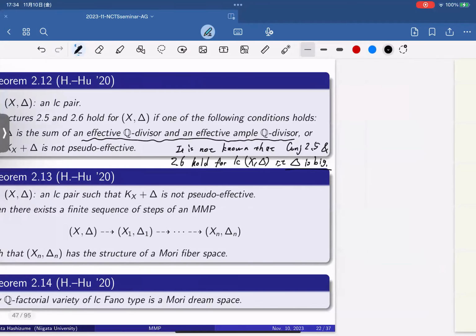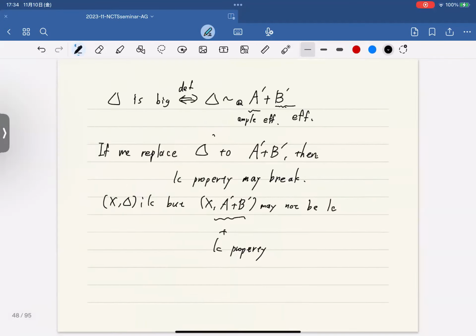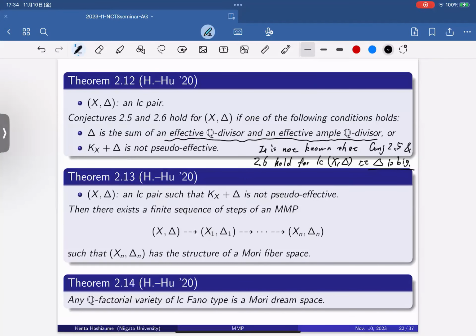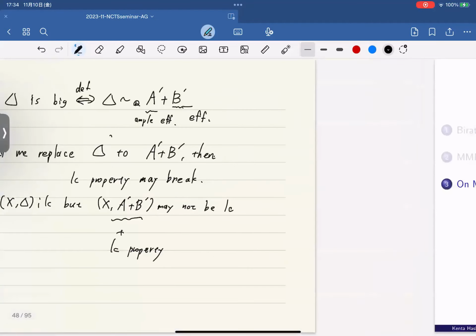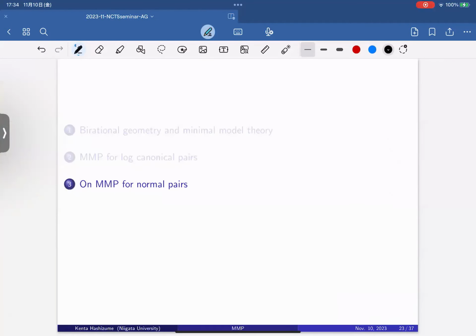This is a known result for the log canonical case and the KLT case. In the final section, I will explain how to generalize these results to general normal pairs.